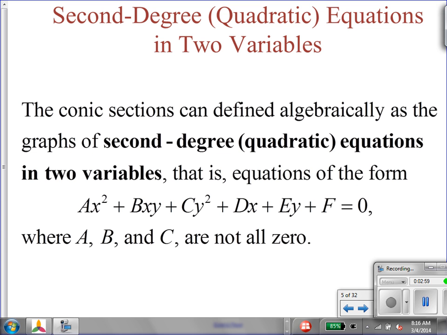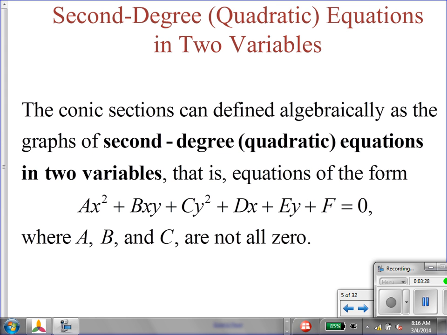Second degree quadratic equations in two variables. There's the form. The conic sections can be defined algebraically as the graphs of second degree quadratic equations. What's going to happen is you're either going to have what you would normally look at as a parabola, a y equals something x squared kind of a deal, or it could go the other way where you're going to get an x equals something y squared.